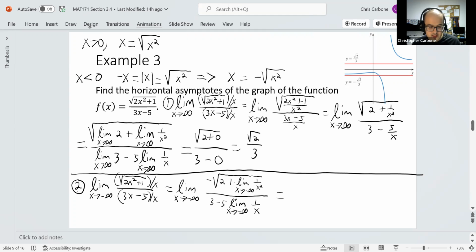All right, so the only difference is we have a negative in front of it due to the values of x being negative, or getting larger in the negative direction. This simplifies to just being negative square root of 2 over 3. So our asymptotes are just y is equal to positive and negative square root of 2 divided by 3.